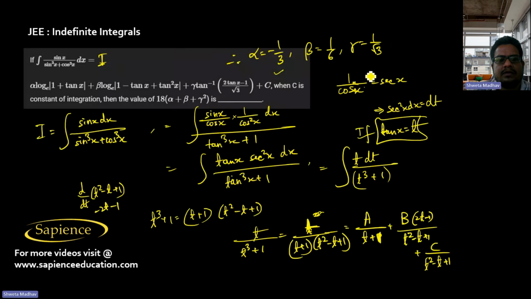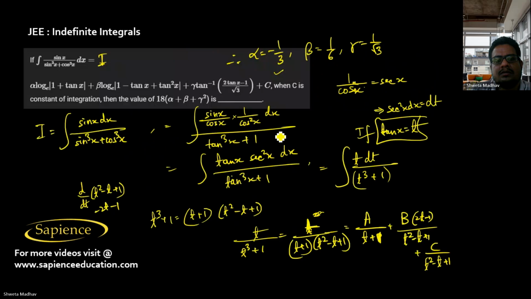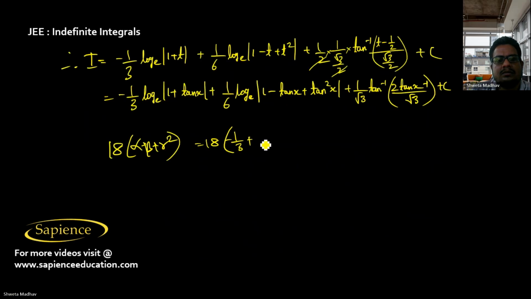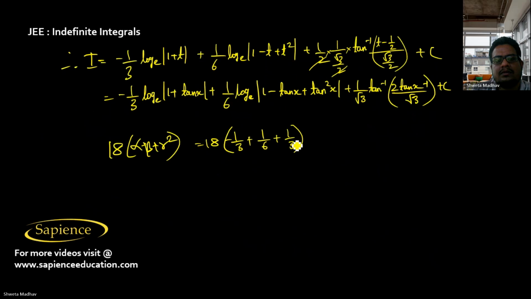So therefore we have to find 18 into alpha plus beta plus gamma square. So 18 into alpha, that is minus 1 by 3, plus beta, that is 1 by 6, plus gamma square, that is 1 by 3. So this will cancel. So 6 3s are 18. So the answer is 3.